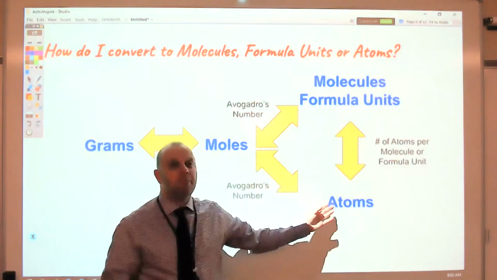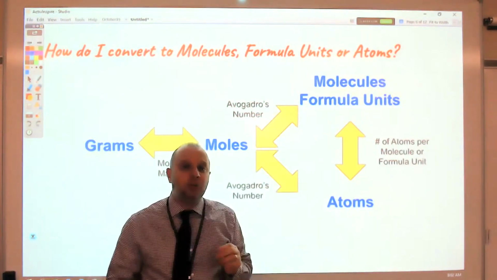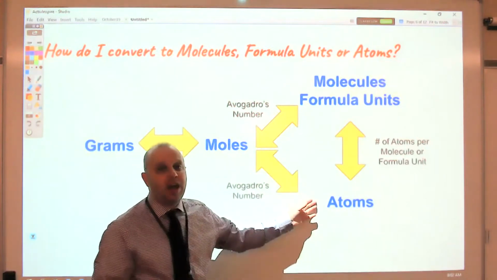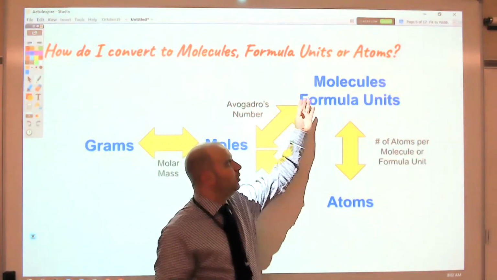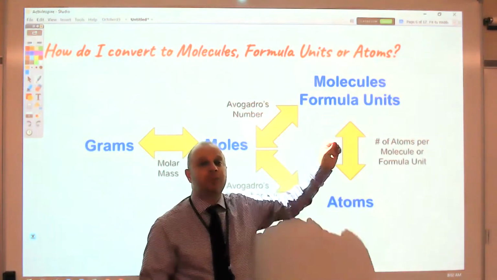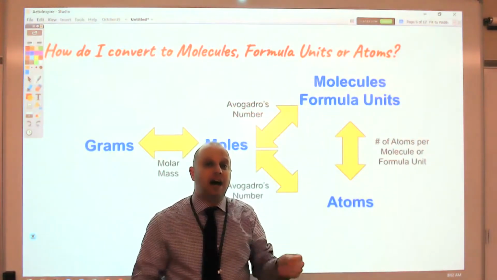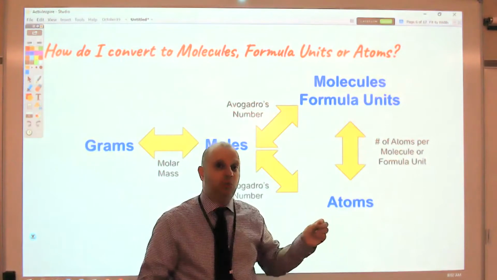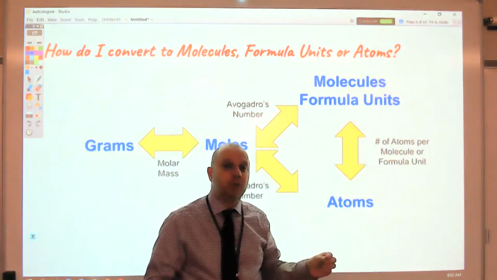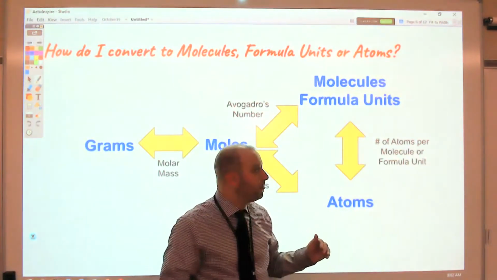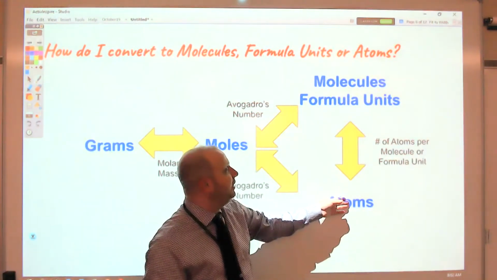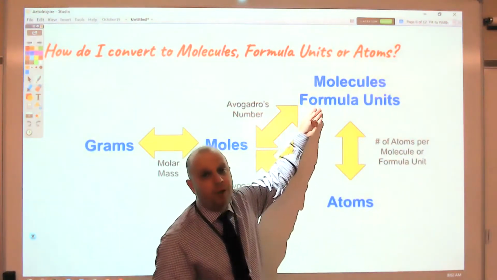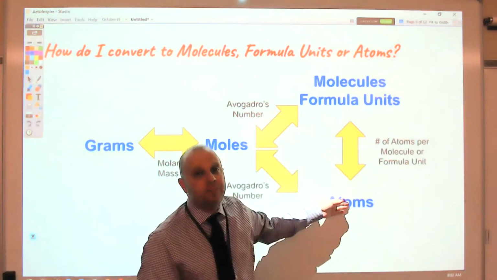If I'm going between moles and atoms, because I have a single type of element, I'm going to use Avogadro's number per mole. If I'm going between moles and molecules, or moles and formula units, again, I'm going to use Avogadro's number of molecules or Avogadro's number of formula units per mole. Finally, the last conversion all the way on the side here is just going between molecules and individual atoms.